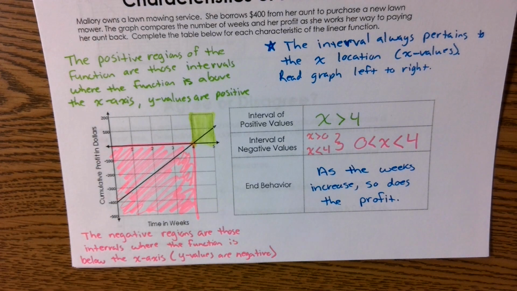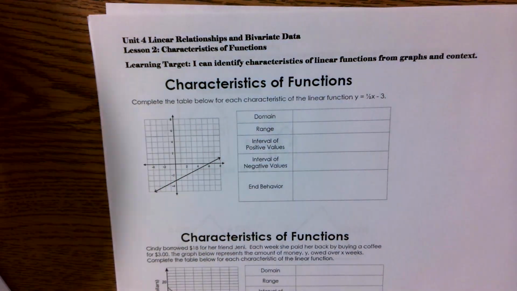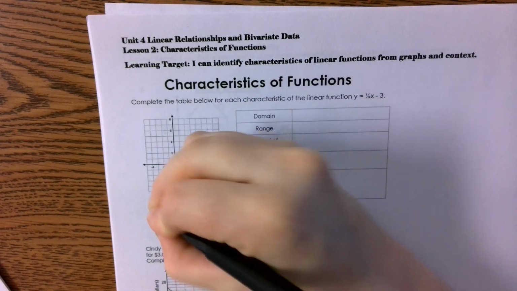On the next page, on the back, I want you to characterize your function. We're not relating it back into actual context, but looking at the function as a line. You're going to identify your possible domain and range values. Please note that there are arrows here. Those arrows indicate that it's going to continue going on forever.